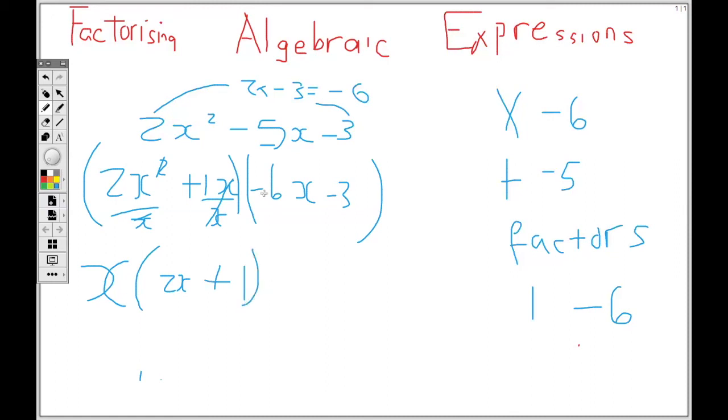Again, remember, once you have two signs being the same, in this case it's negative, we factor out the negative, and the highest common factor for 6 and 3 is 3. So it means we're going to divide the third and the fourth term by negative 3.